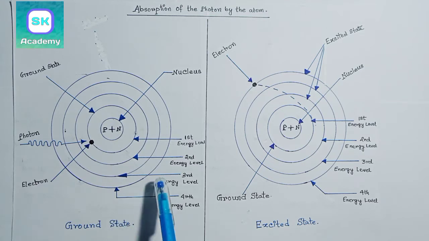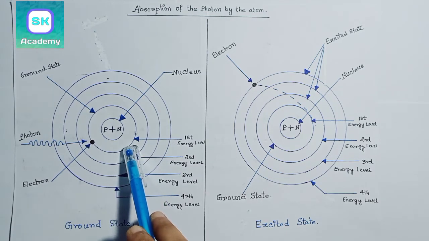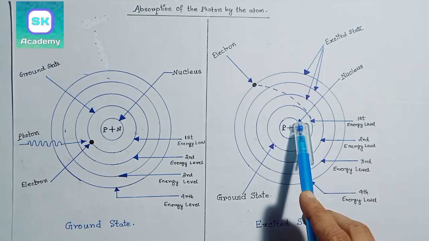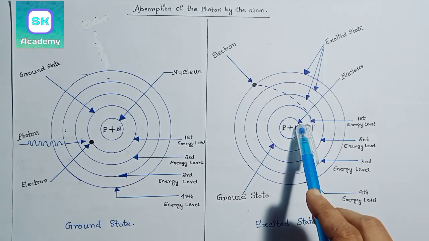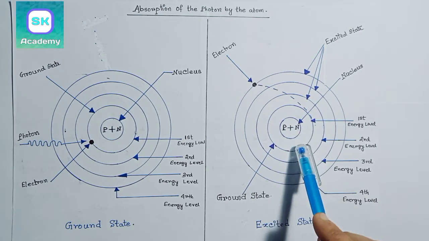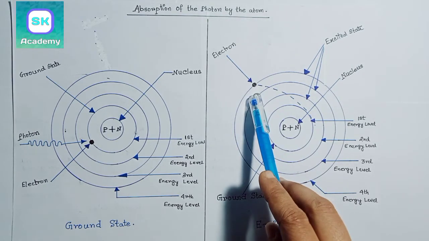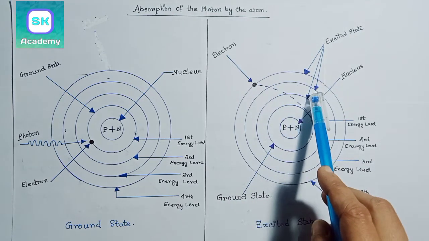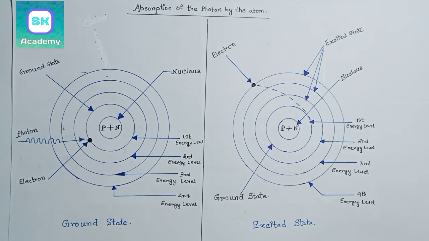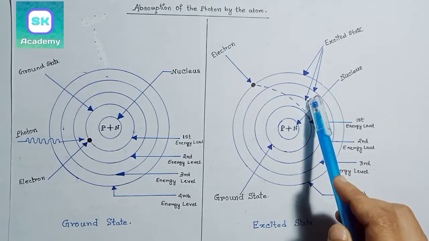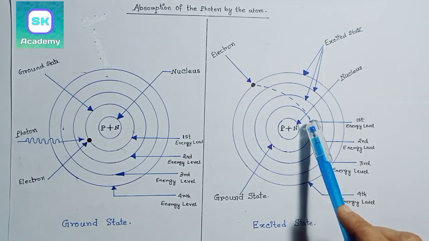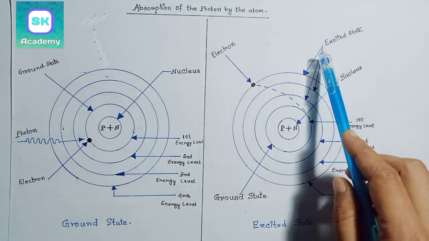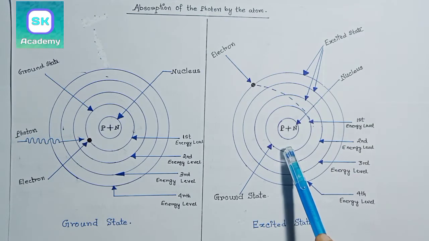Then electron jumps from lower energy state to higher energy state. This is called excited state. Excited state means energy state which is greater than the ground state. So these are the excited states, and this is ground state.